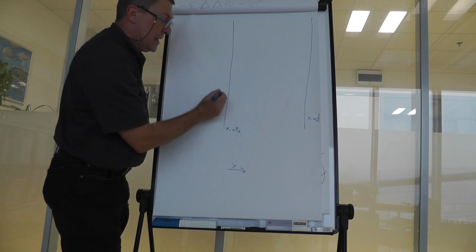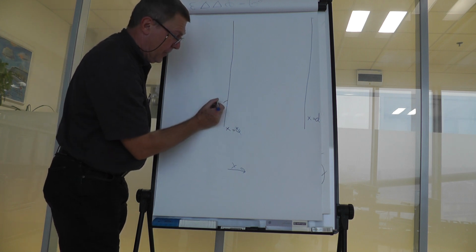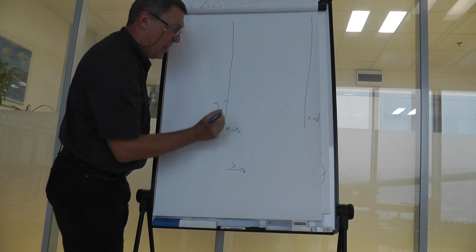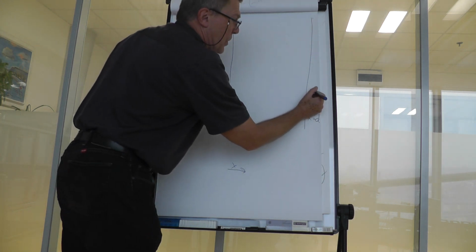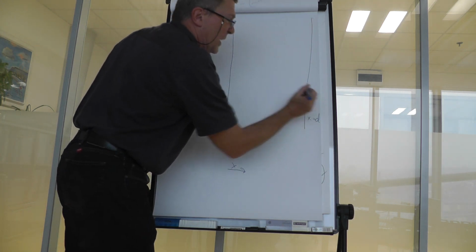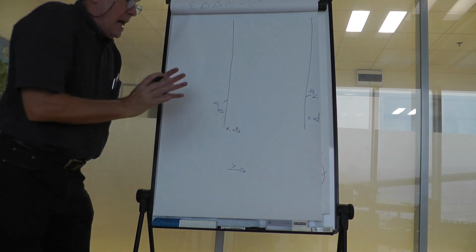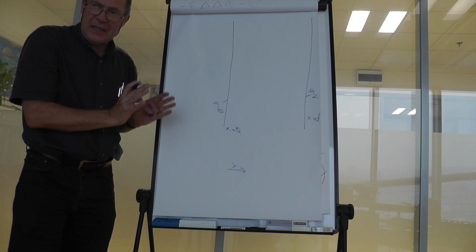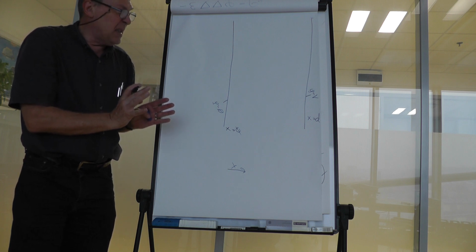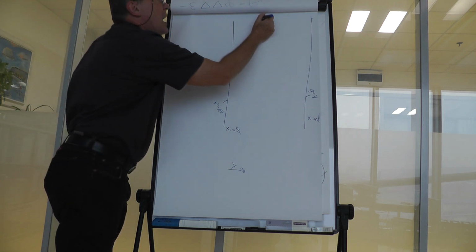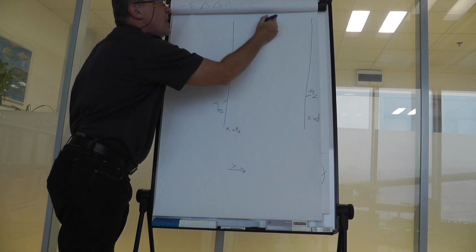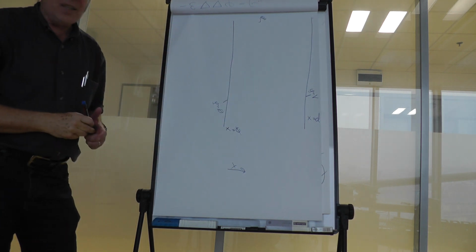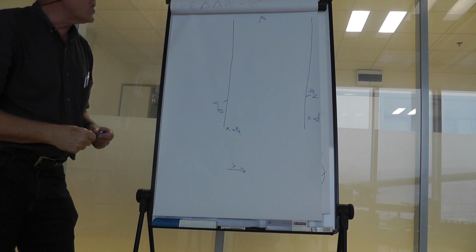Now, this electrode is at potential phi equivalent to 0. This electrode is at a potential phi equivalent to V. So far this is completely identical with the last situation. But now we get a homogeneous free space charge density ρ0 here.